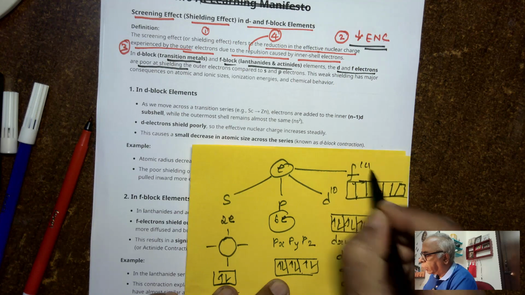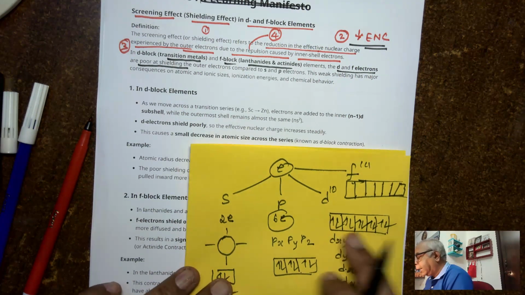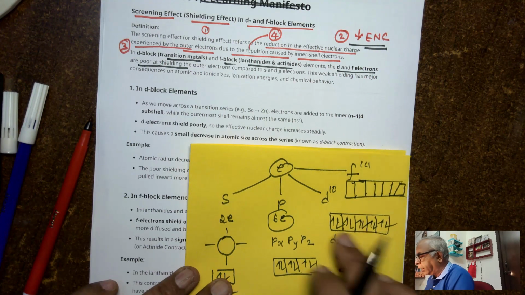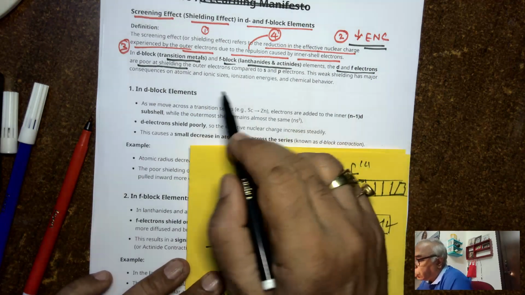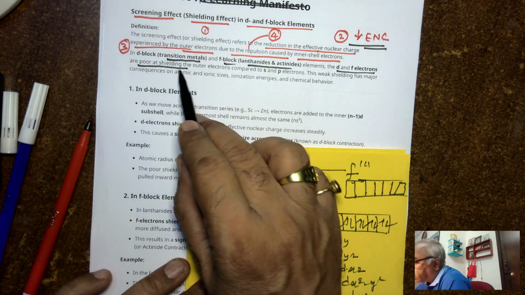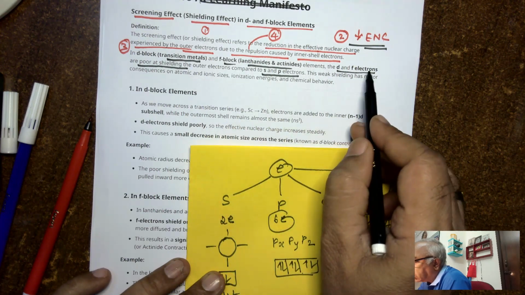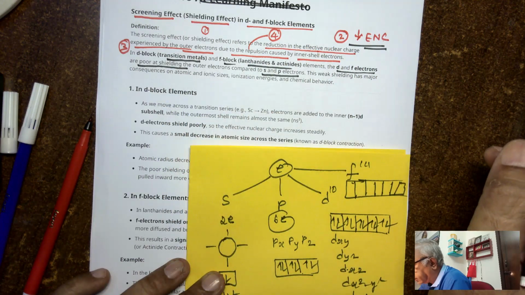And in this case, 14 electrons you can put as 7 pairs. But the pairing takes place only after filling up each orbital equally. Right. Now, what is given here: the outer electrons are compared to the sp electrons. That is, D and F electrons are poor in shielding effect.